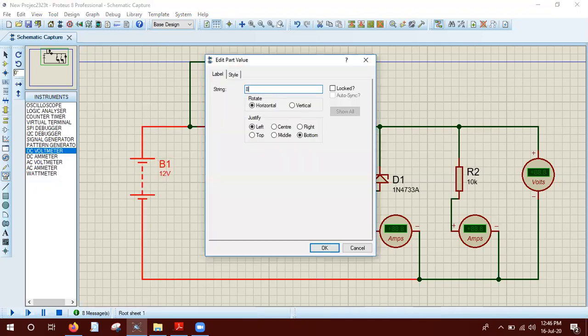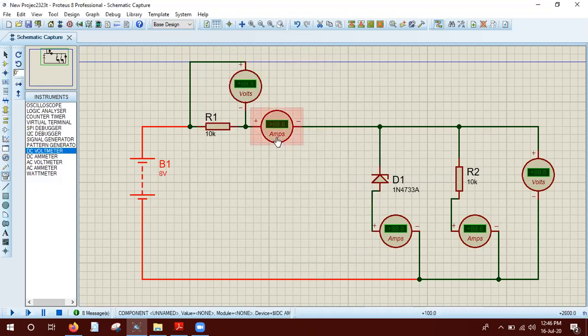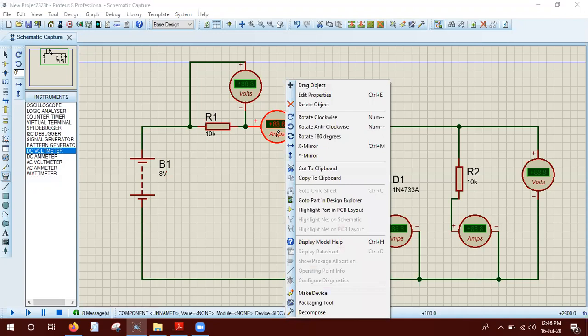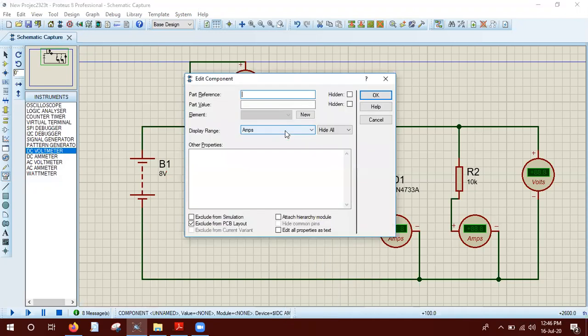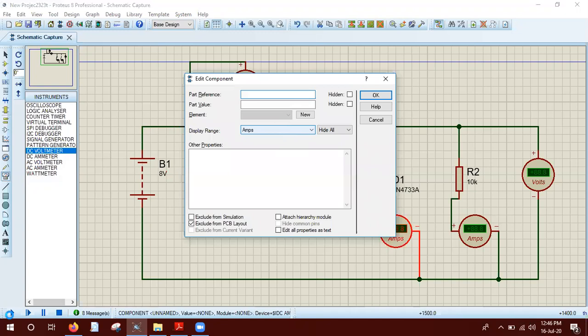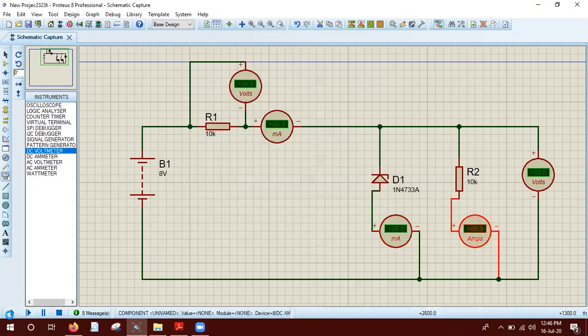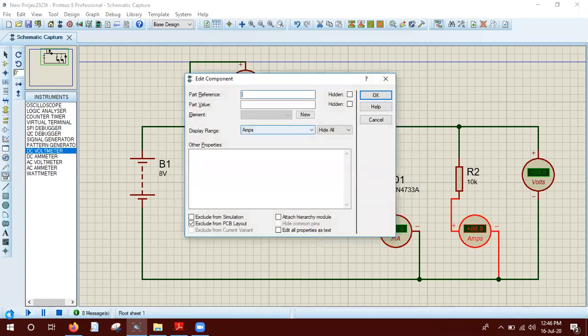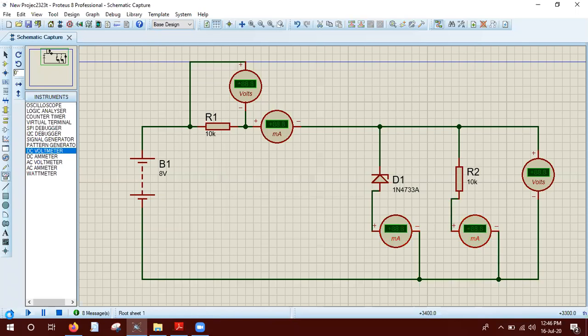The current will flow not in amperes but in milliamperes, so we need to change the ampere to milliampere, because the ampere is very big and at that time it will not show. Whatever I'm doing is also being recorded, so you don't need to worry about that. Now it is set here.